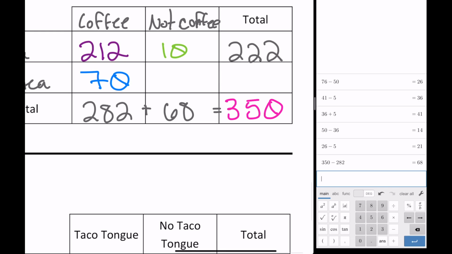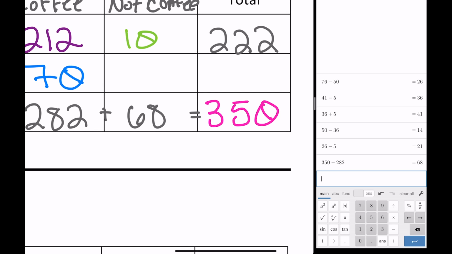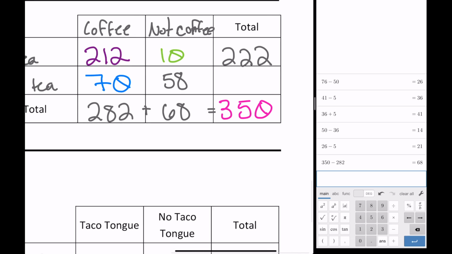Next up, we can do this column here. We got to figure out 10 plus what number equals 68, because we're missing a joint frequency. So the joint frequencies add together to give you your marginals. So that should be 58. I did that in my head. And then next up, I'm going to do adding instead of subtracting.